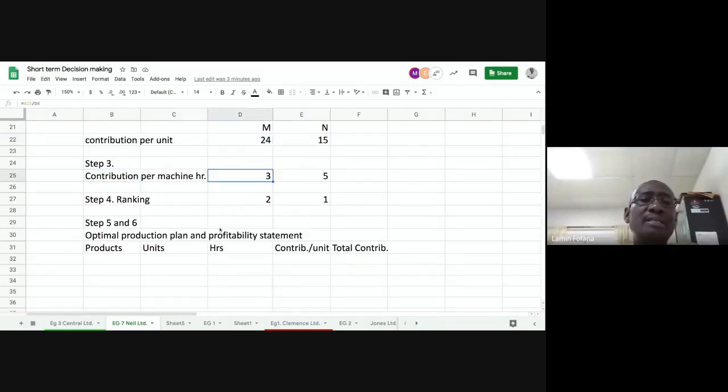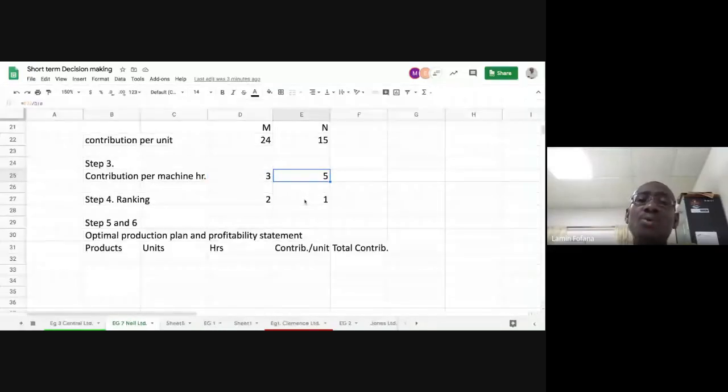Our problem is the machine hours, which is our scarce resource. So we should do our optimal production plan based on our contribution per scarce resource, which is our contribution per hour. This will determine which product we should produce first.